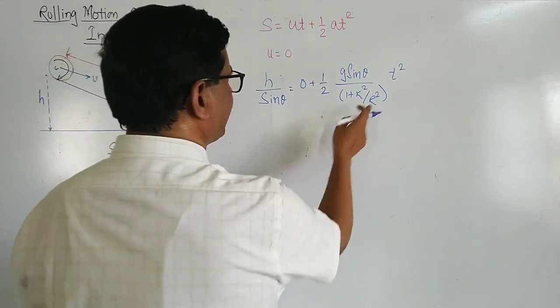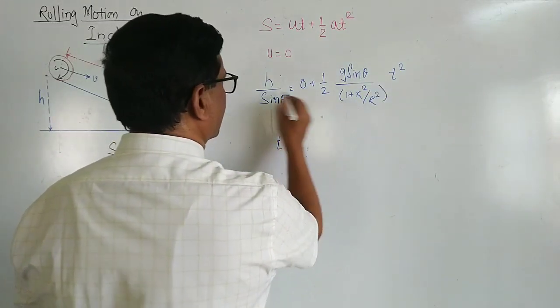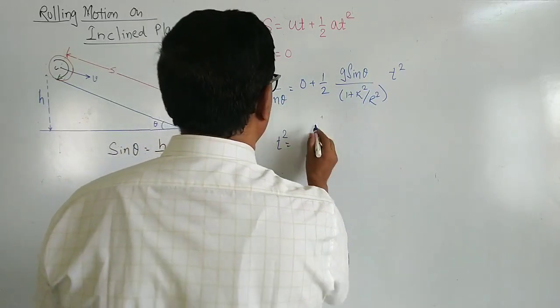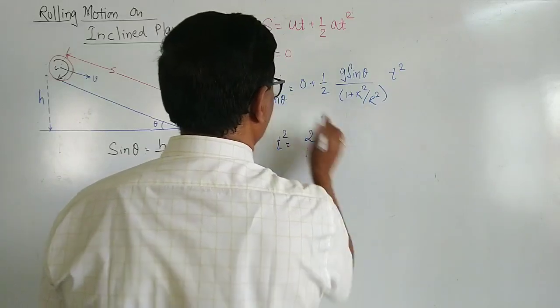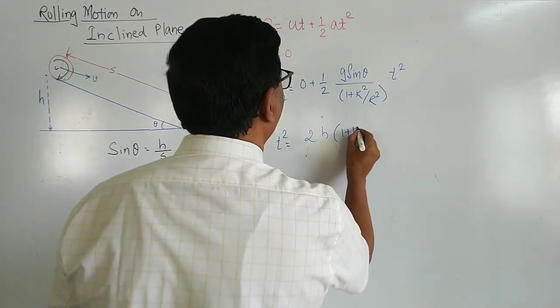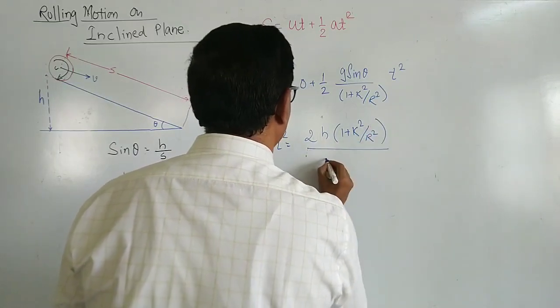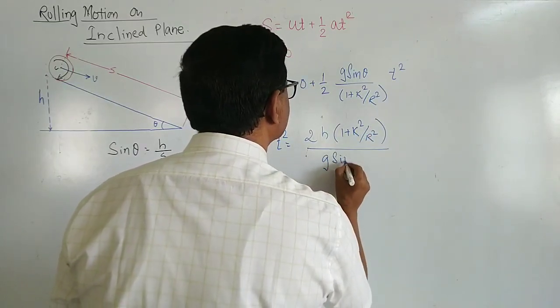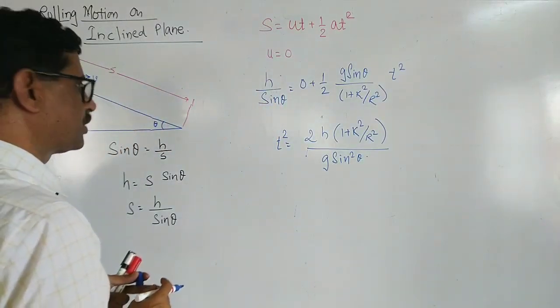Now we will get t square is equal to 2h times 1 plus k square divided by r square, divided by g sine square theta.